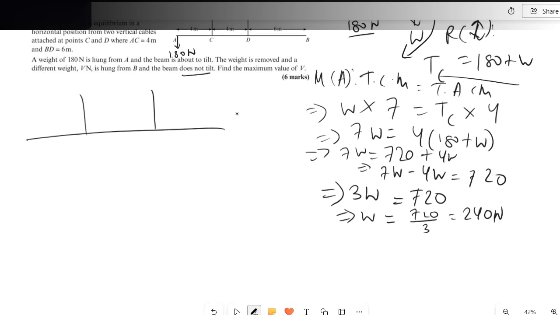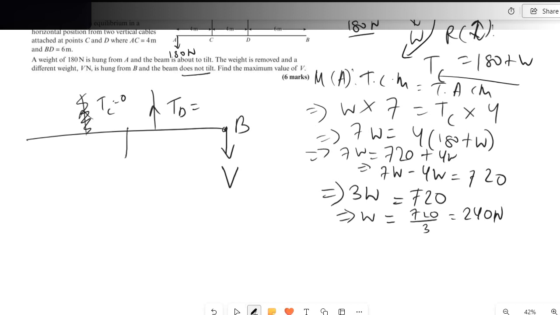Now if we consider the second case, where they placed a weight V at B, the system was about to tilt again, meaning that the tension at C was 0 at this moment. So TC is 0 and tension at D is something that we don't know, but we will find out.